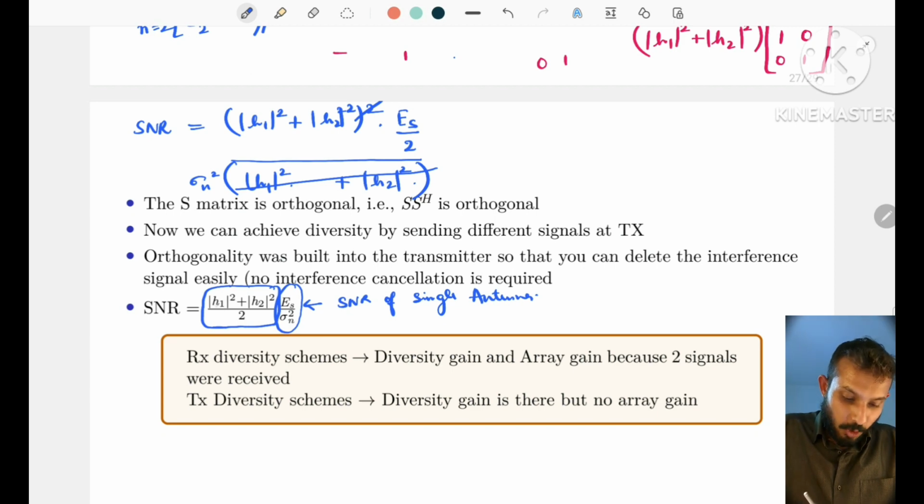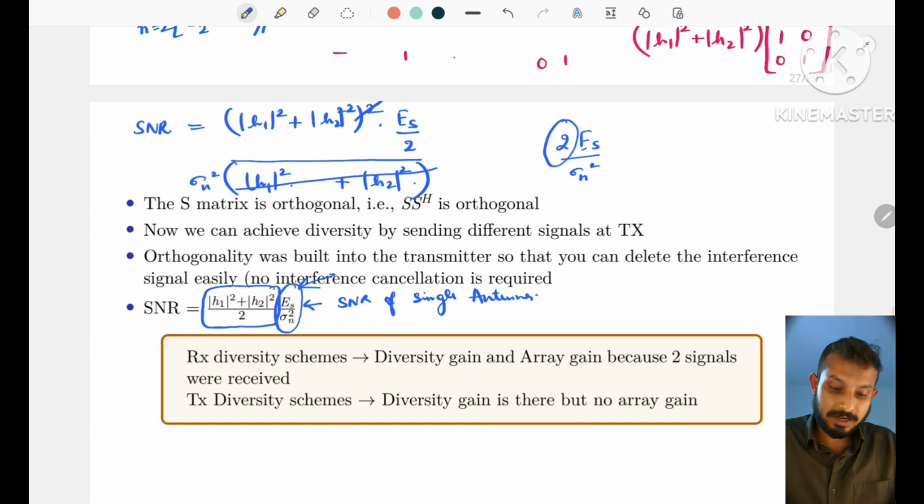So you have mod H1 square and mod H2 square. If any of the channels is in fade, you can detect the signal from the other one. But here you have to know that we do not have array gain. Array gain would be if, from here, you had twice ES by sigma N square, then you could say that you have an array gain. But in this case, you do not have an array gain.